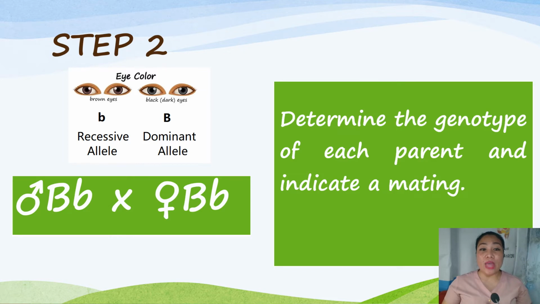This means that the father has an allele for black eyes and an allele for brown eyes, which is the same in the case of the mother. The mother, just like the father, has the allele for the black eyes and the allele for the brown eyes. Phenotypically, both of these parents have black eyes.